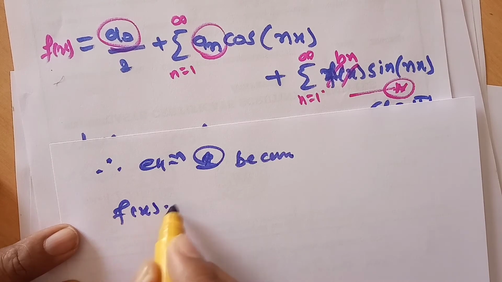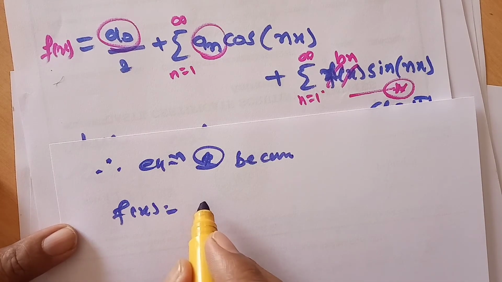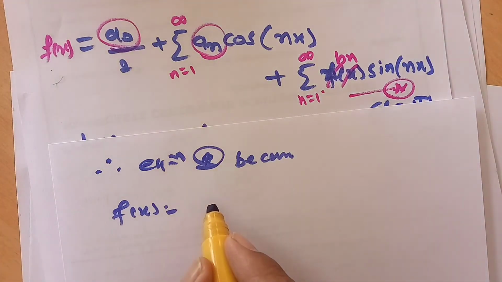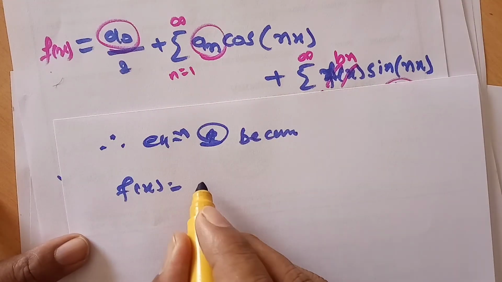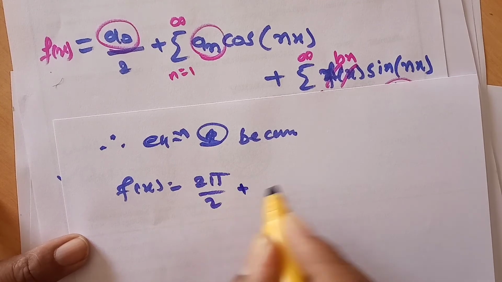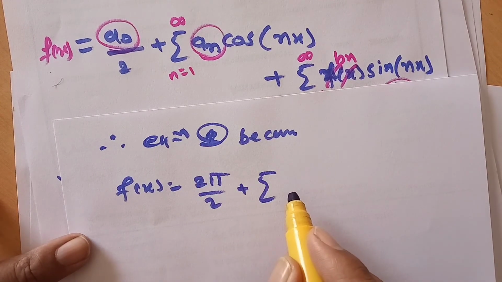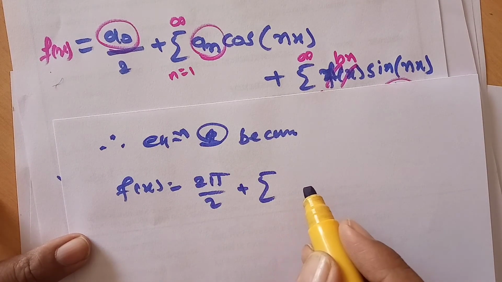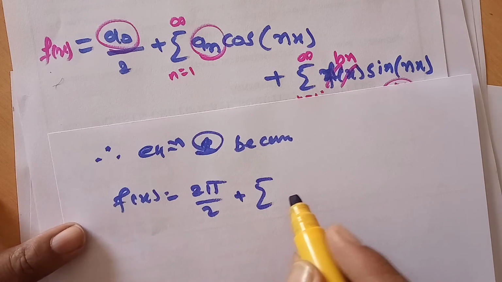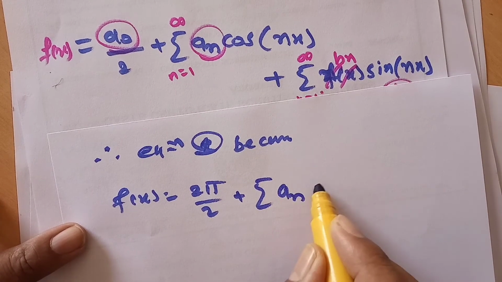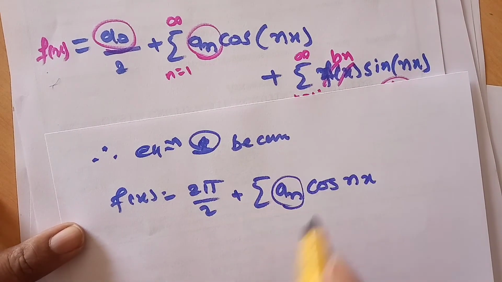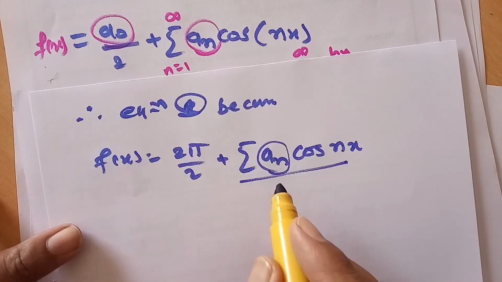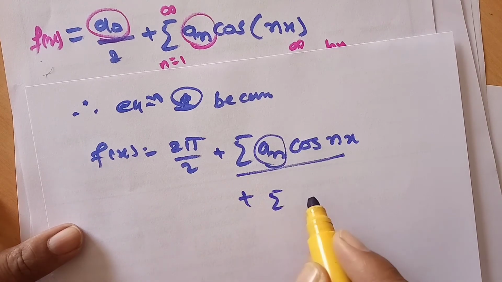f of x is equal to a0 divided by 2. And what is a0? We have calculated a0 as 2 pi. This is 2 pi divided by 2 plus summation an into cos of nx, and all an become 0. Therefore, this total term becomes 0, plus summation bn.